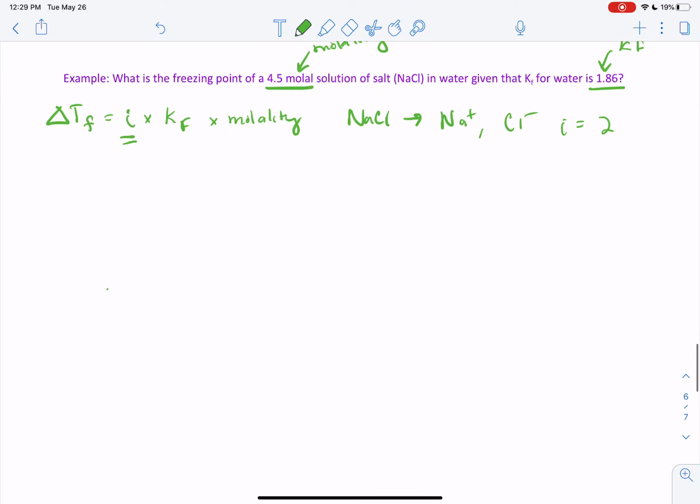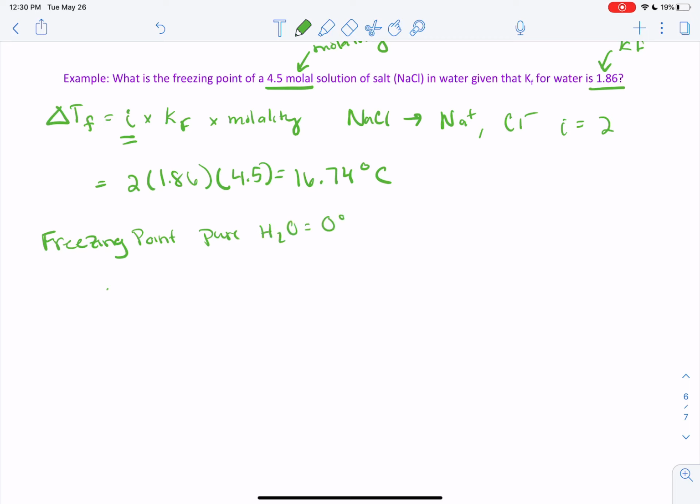So now we plug into our equation. We have 2 times 1.86 times 4.5, and we plug that in a calculator and we get 16.74. Now, this is a temperature change, so it changes by 16.74 degrees Celsius. So we're not quite done yet, because the freezing point of pure water is 0.